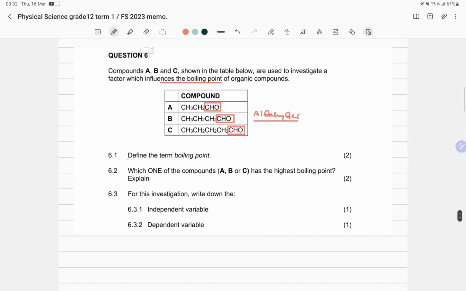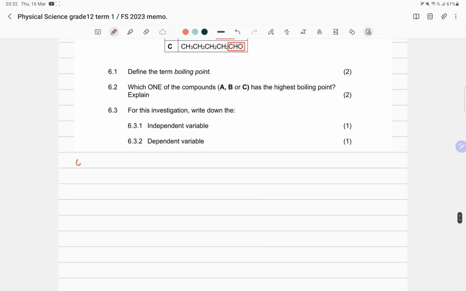Define the term boiling point. What is that? Question for grade 10. I mean, you've been defining this from grade 10, isn't it?